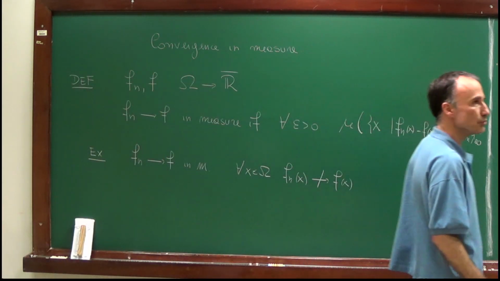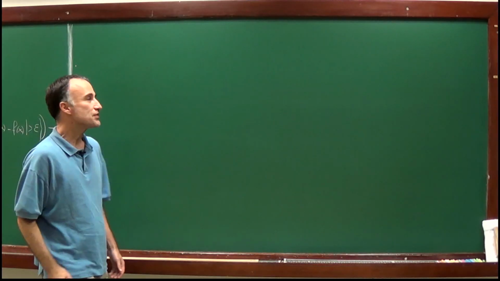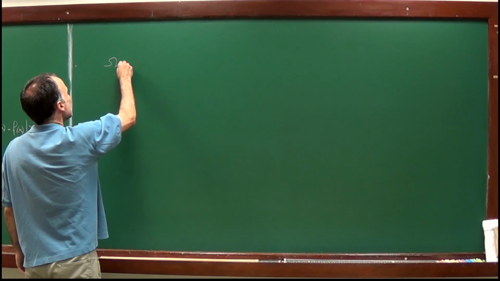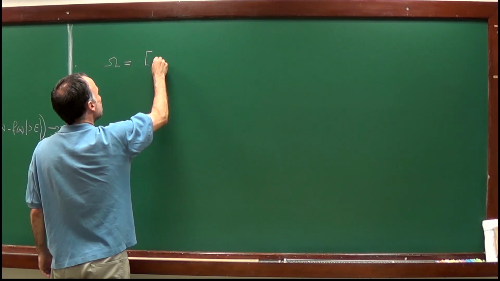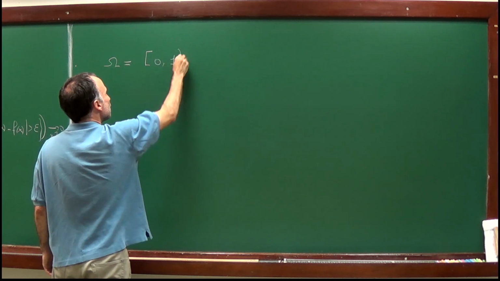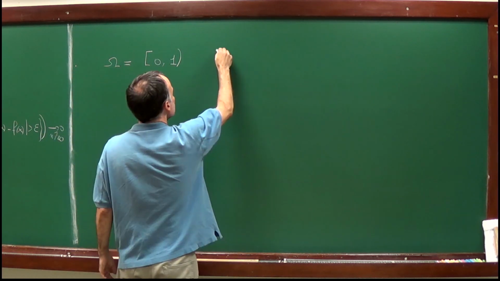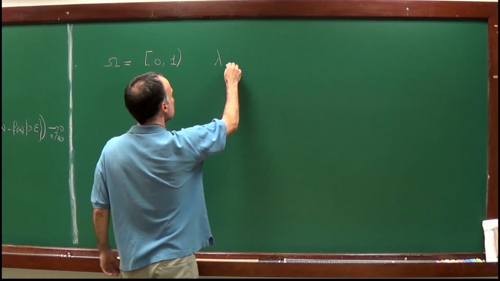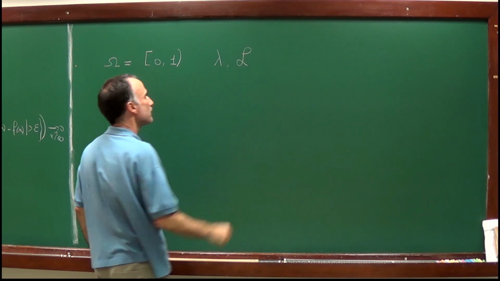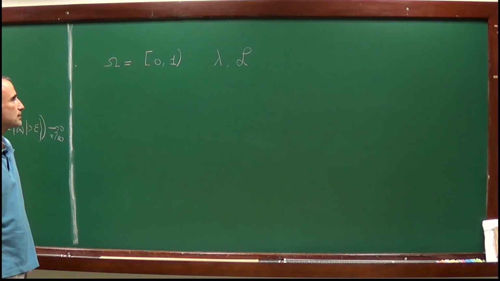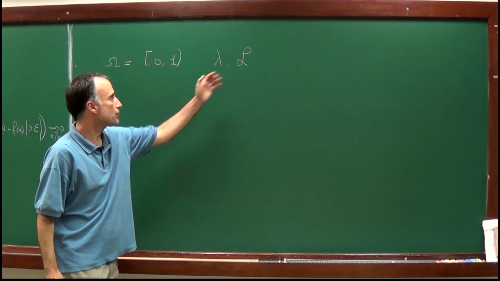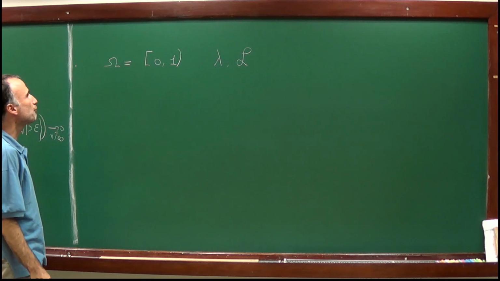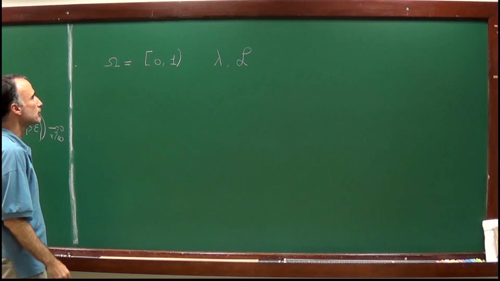Let me go to this new blackboard. The set omega will be the interval [0,1]. And in [0,1], we will take lambda as the Lebesgue measure, which is defined on the sigma algebra generated by the intervals.